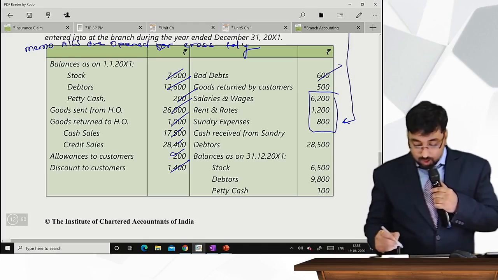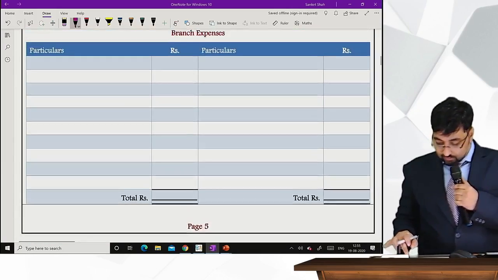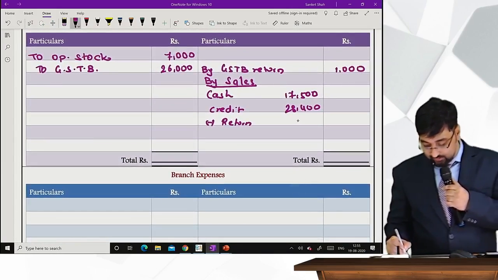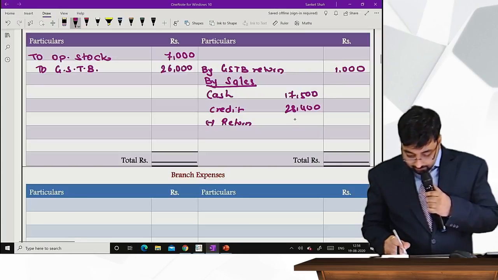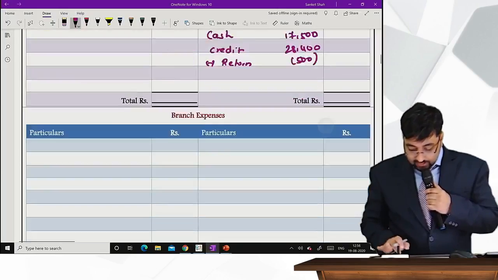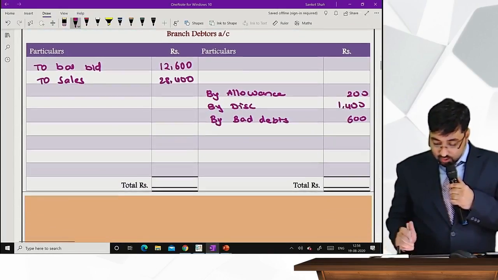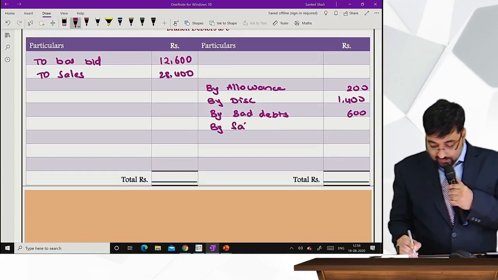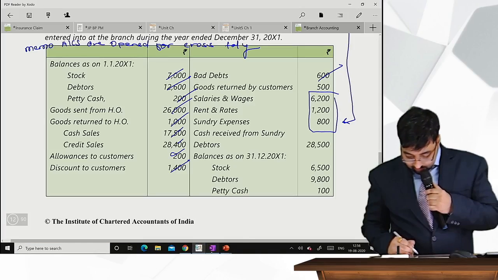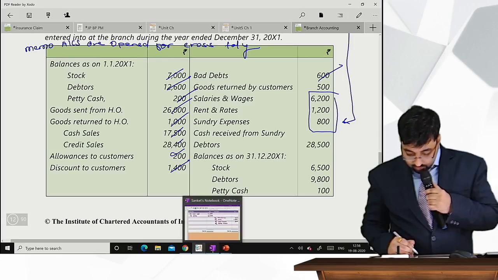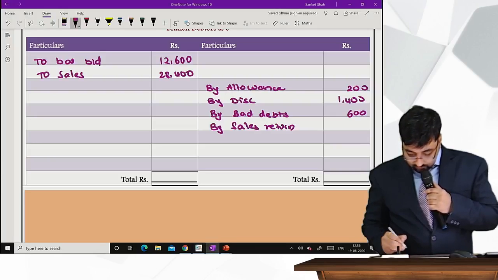Goods returned from customer, stock account minus 500. And second effect, debtors will get reduced by sales return. So debtors minus means credit. What is the amount? 500.